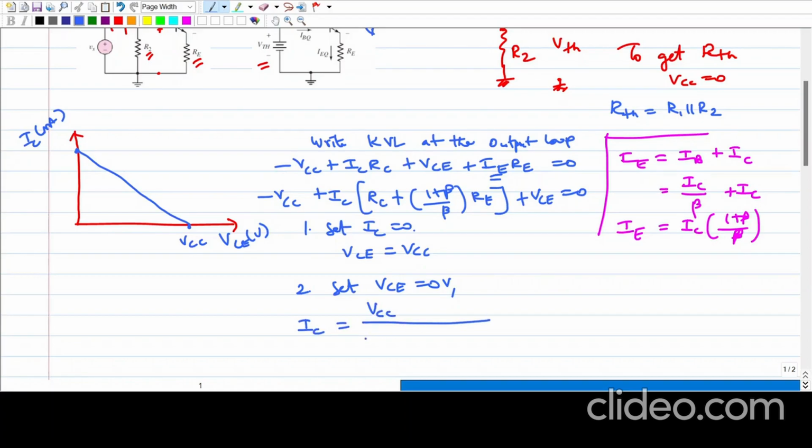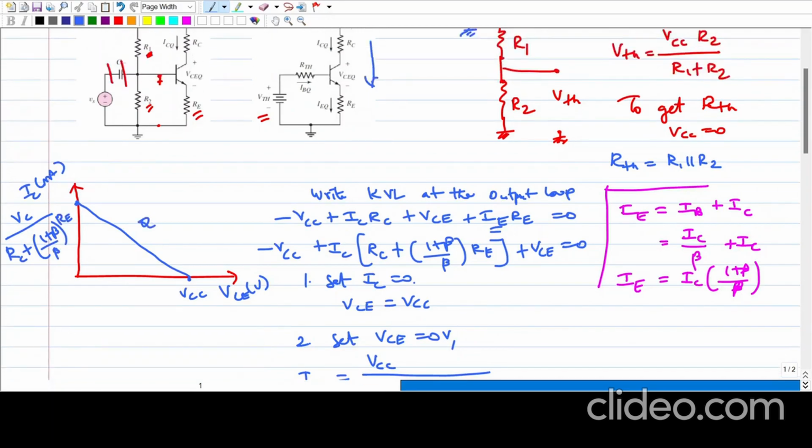VCC divided by RC plus (1 plus beta) divided by beta times RE. So this point is VCC divided by RC plus (1 plus beta) divided by beta times RE. Now we have to find the Q point on this.